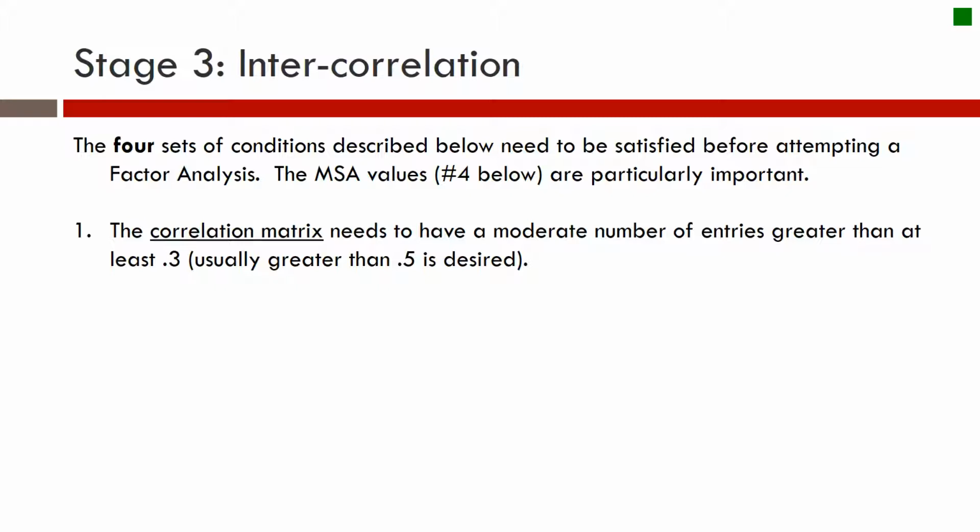You don't necessarily have to look at significance level because significance is driven so much by sample size. But if you look at the absolute value of the correlation coefficient between 2 variables, if it's greater than 0.3 or 0.4, then you're probably in good shape. If it's above 0.5, then you're certainly going to be in good shape.